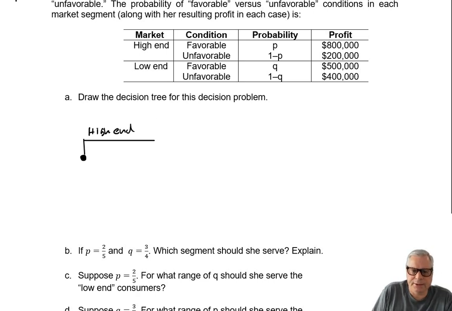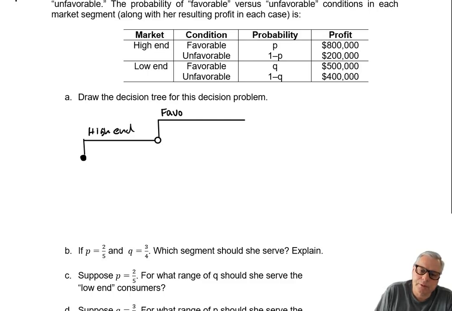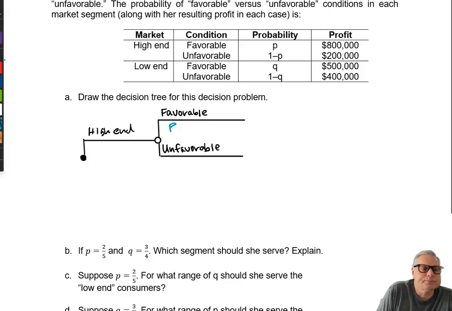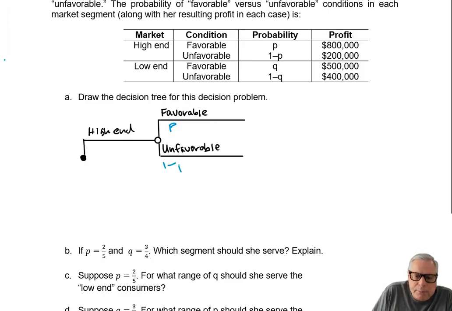And if I target the high end, then Mother Nature decides whether the conditions will be favorable, and that will be with probability P, or the conditions are unfavorable, with probability 1 minus P.